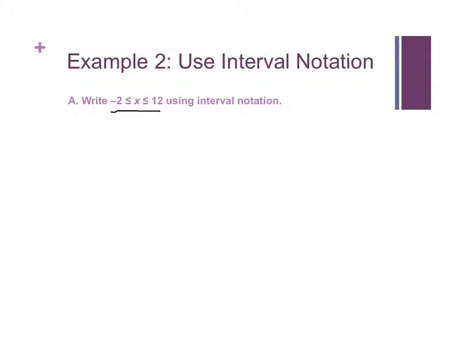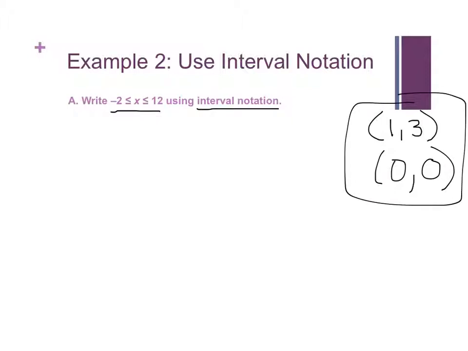When I'm talking about ordered pair, you learned in pre-algebra or algebra how to plot points like 1, 3 or 0, 0 is the origin. Our notation in interval form is going to look similar to plotting a point or giving an ordered pair, except for sometimes we're going to use parentheses and other times we're going to use brackets.